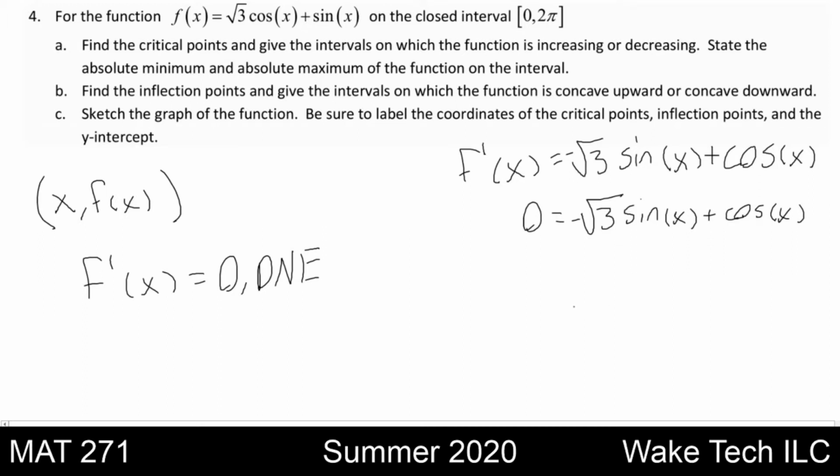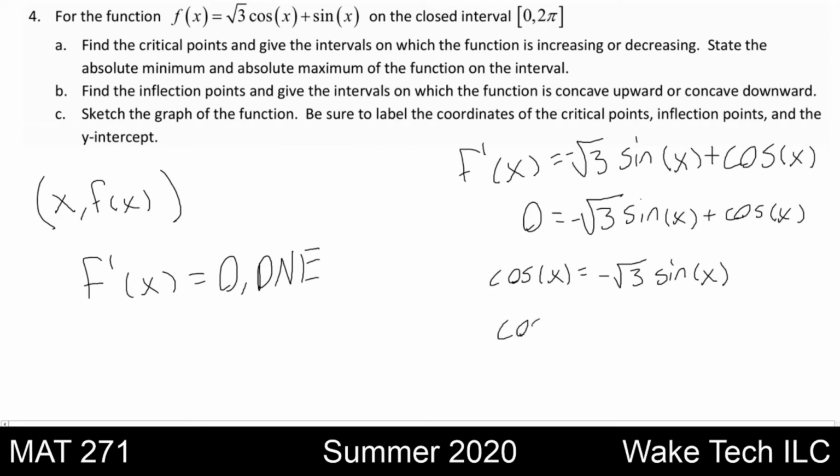And there's a few ways of going about this. My favorite way is to move cosine to the other side. Have cosine of x is equal to negative square root of 3 sine of x. Then we can square both sides.